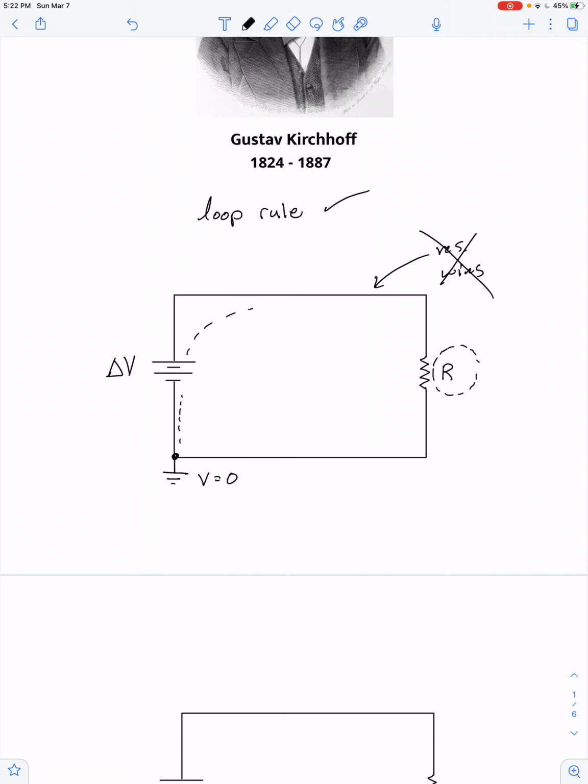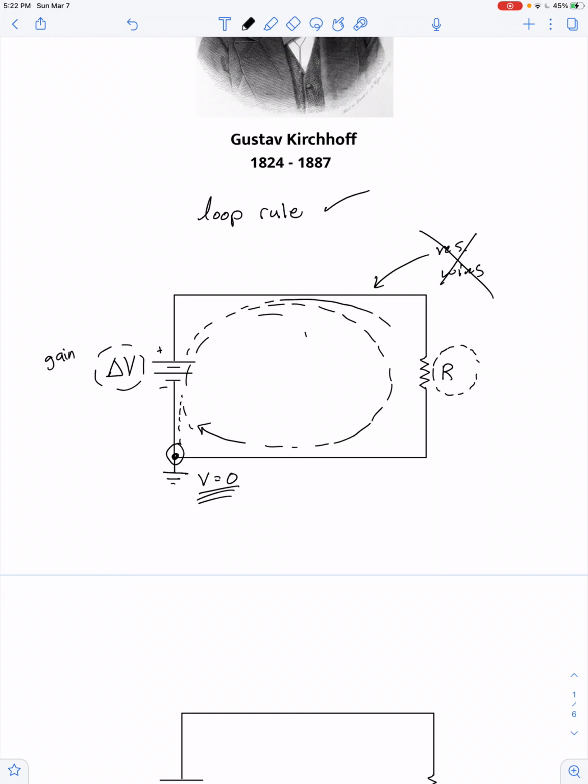As we traverse around the circuit diagram in a loop, we should come back to this point of 0 electric potential. But as we trace our way around this clockwise loop, we go from a negative terminal to a positive terminal on this battery, and so there's a gain in electric potential across the battery.